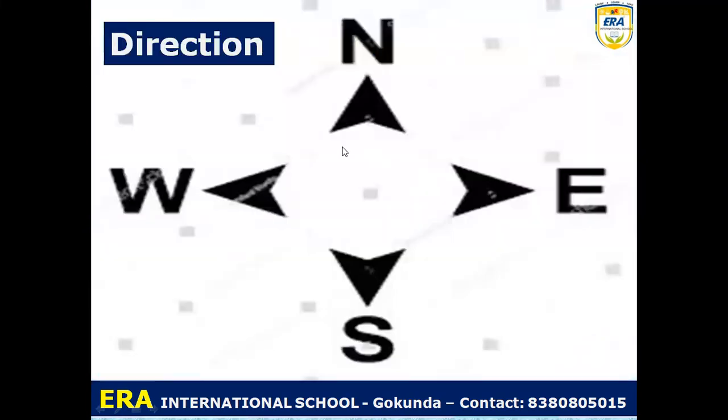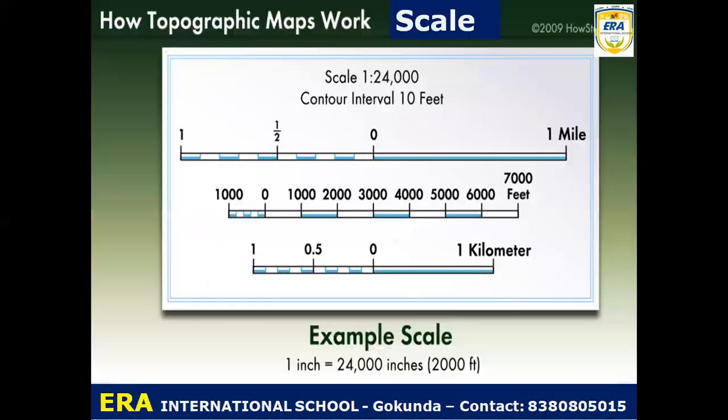Then direction, it is very useful to find out the location of a particular place, that is a country or any kinds of ocean, river, mountain, etc. Scale, the scale is very useful to find out the distance between the different types of countries, oceans or anything.